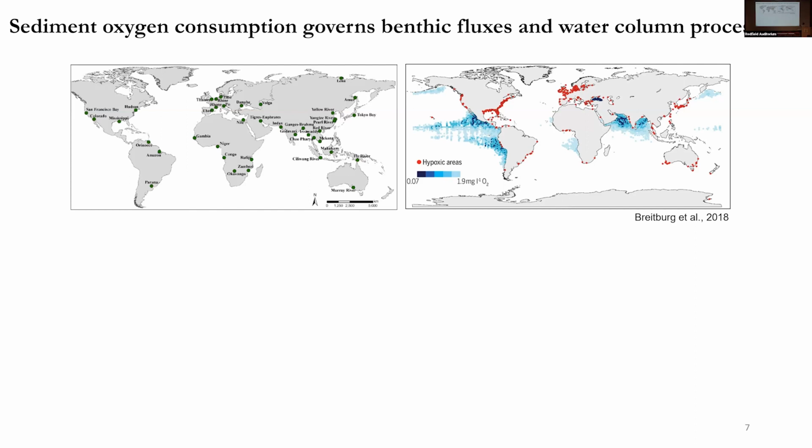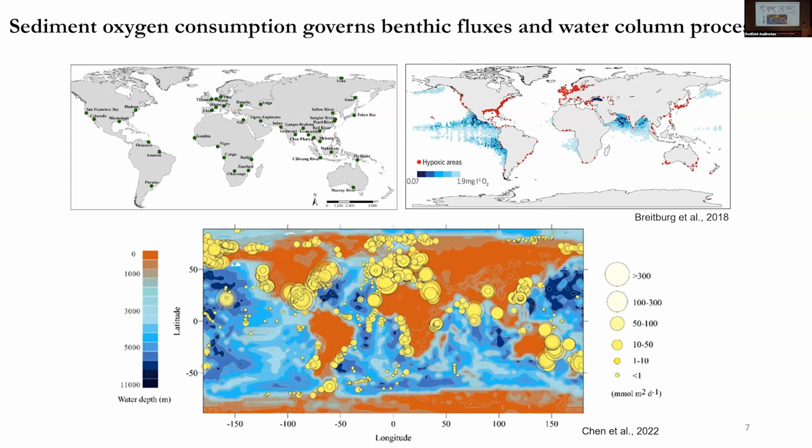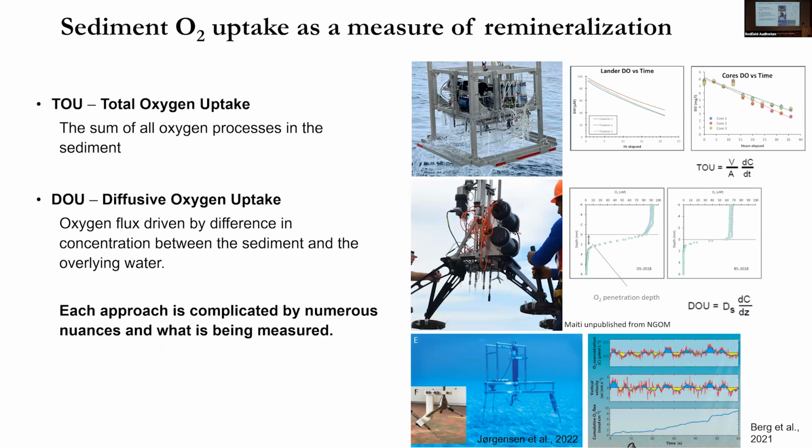And we can see almost all these delta systems are associated with hypoxia just because of this rain of organic matter to the seafloor that is consuming oxygen. And here is a really nice compilation of sediment oxygen consumption from a global point of view. You can see those big circles, most of them tend to be near river mouths. So we can think of oxygen as the master controller.